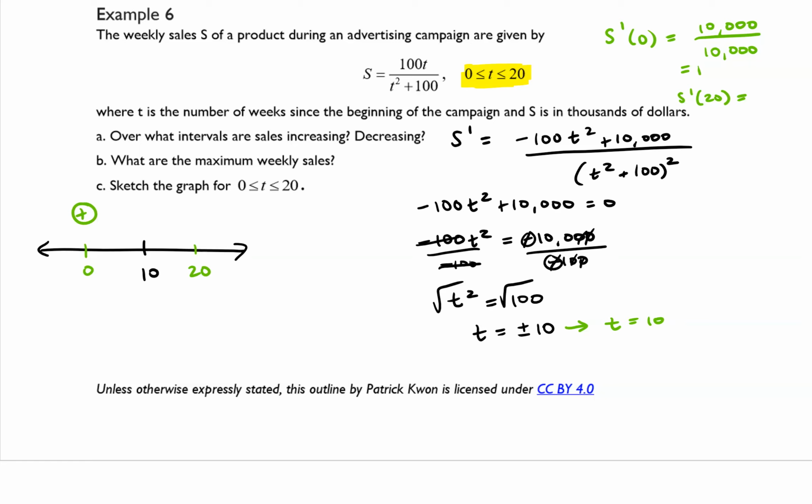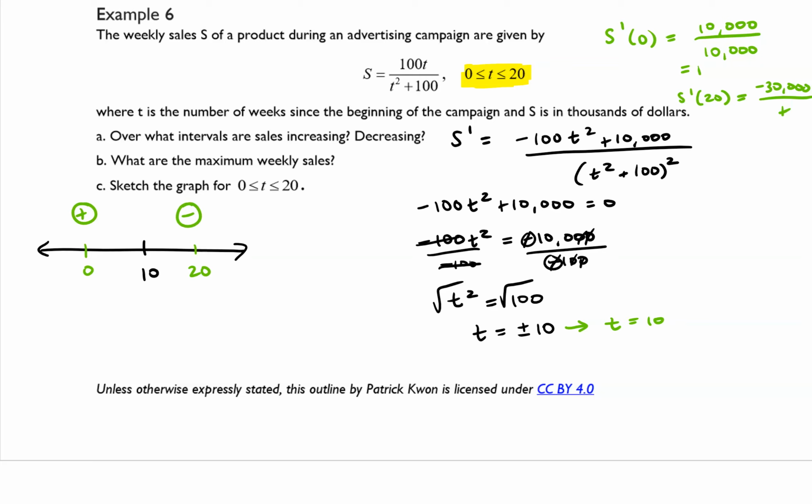And then negative 40,000 plus 10,000 would be negative 30,000 over 20 squared plus 100, which is 500. 500 squared is some positive number. So this is going to be negative here.